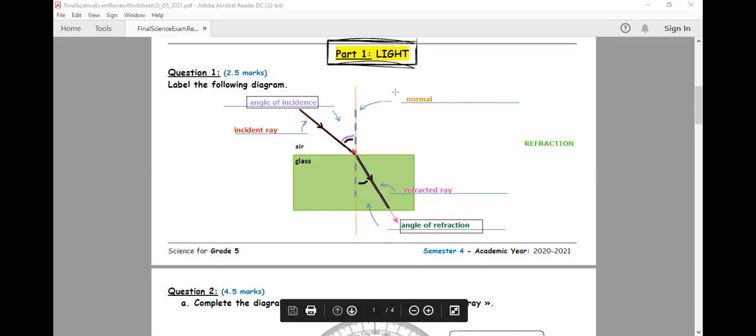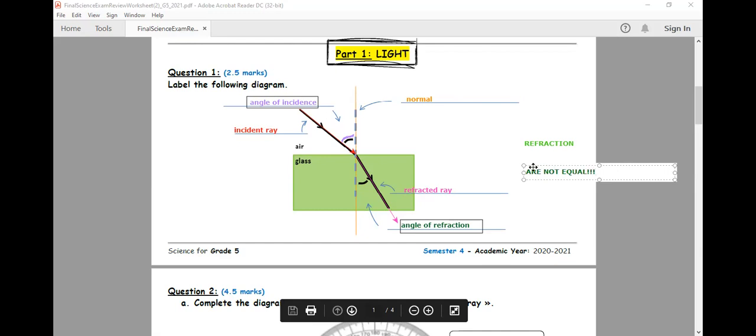If you are saying that they are equal, this means that the light ray is continuing its path without bending. Did it do that, or does it bend? Light rays bend, so the angle of incidence and the angle of refraction are not equal.